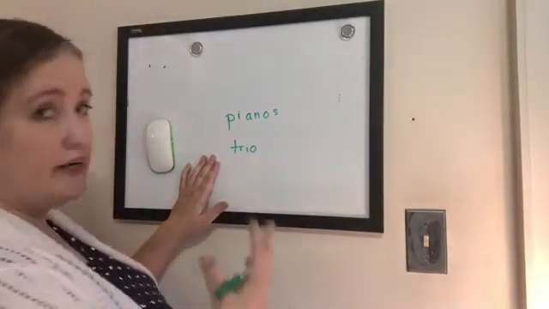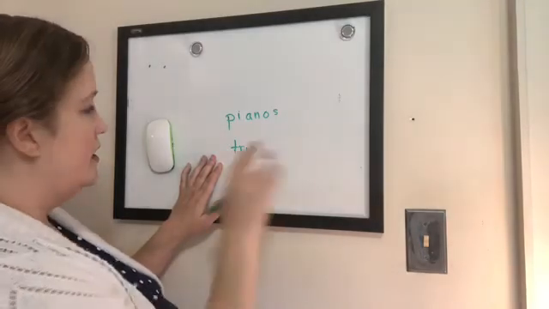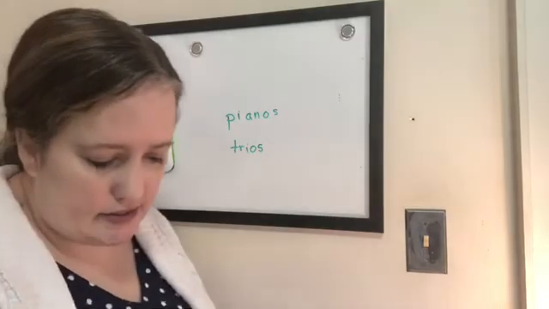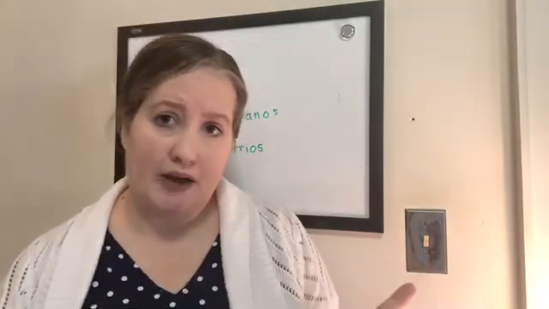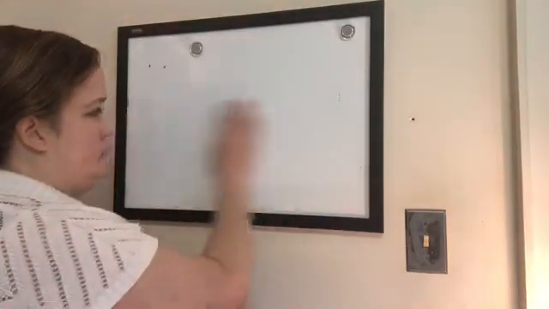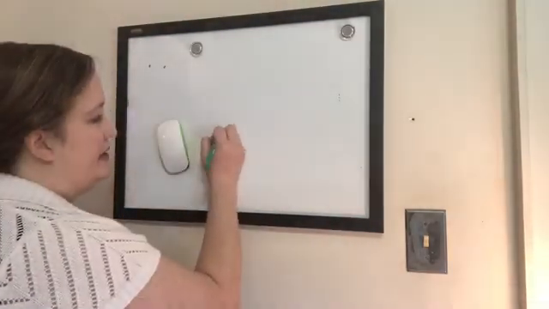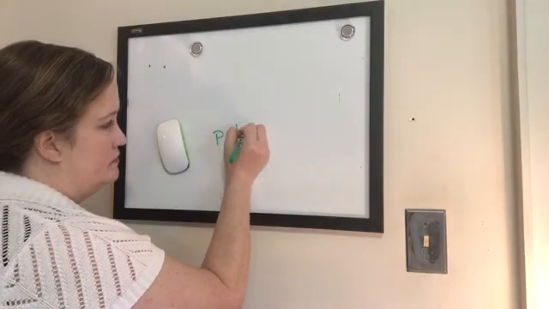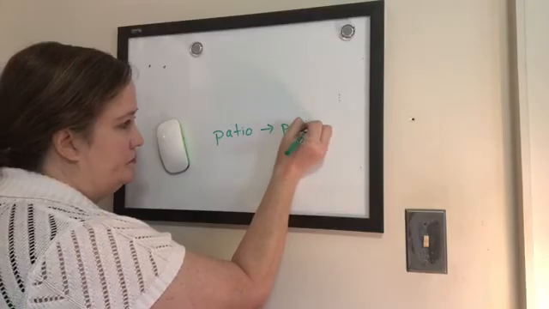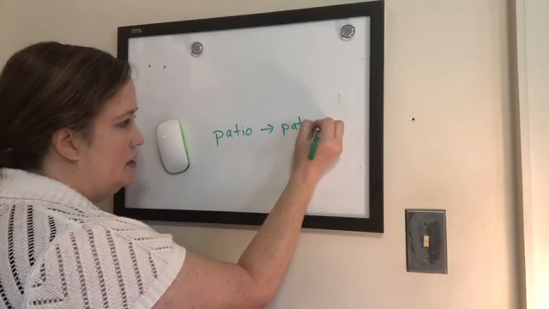Pianos, so not an es, just an s. Trio, you just add an s. And the last thing we're going to talk about is to form plural nouns ending in o preceded by a vowel, you add an s. So if we have the word patio, we just add an s to it to make it plural. Patios.